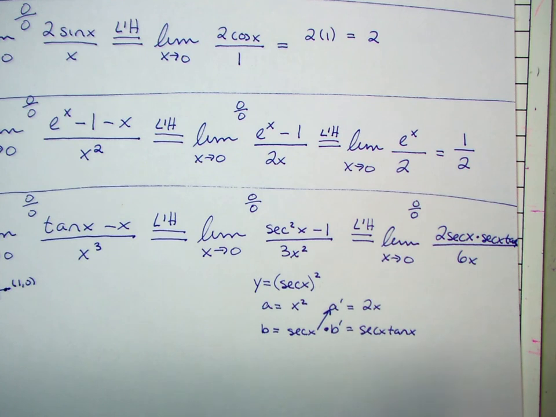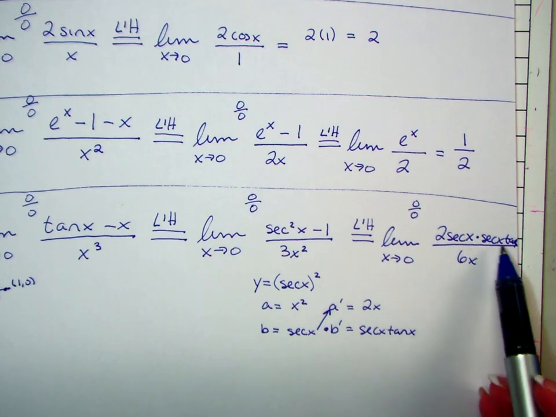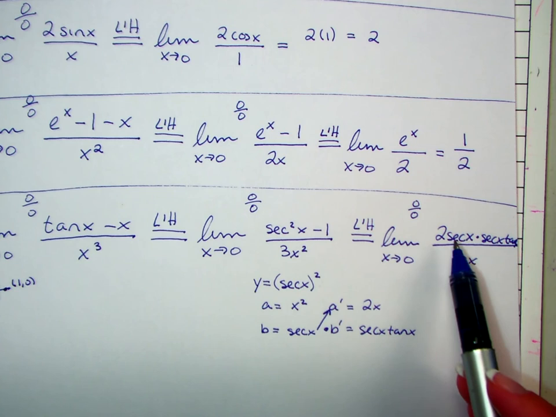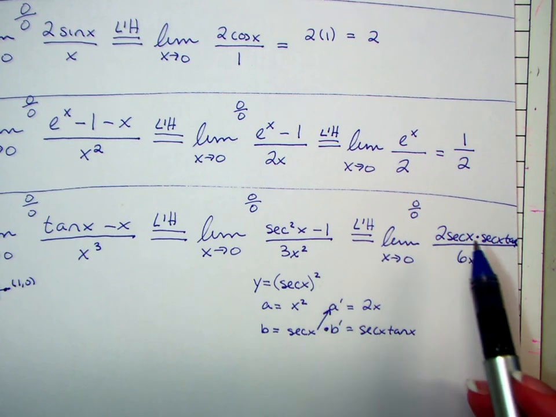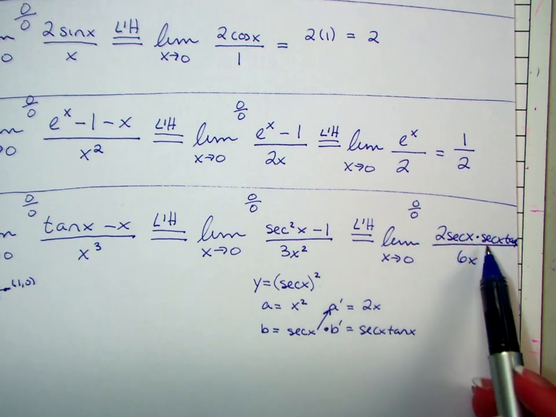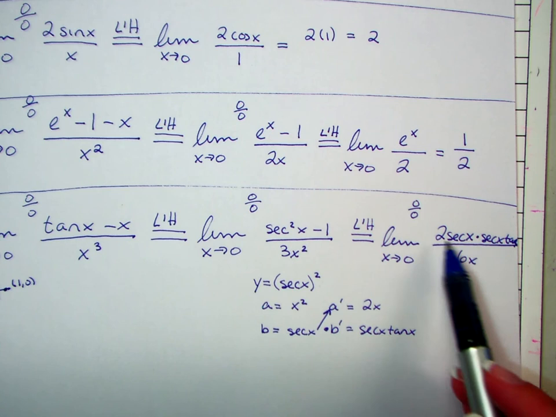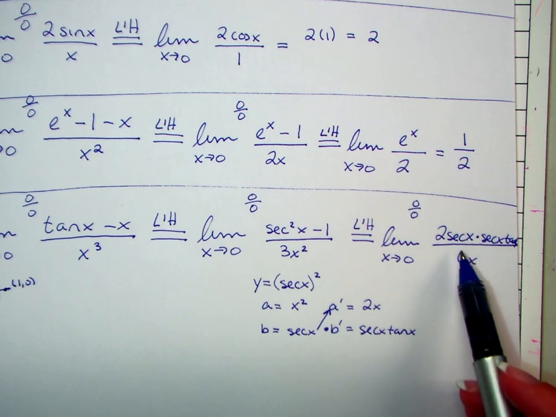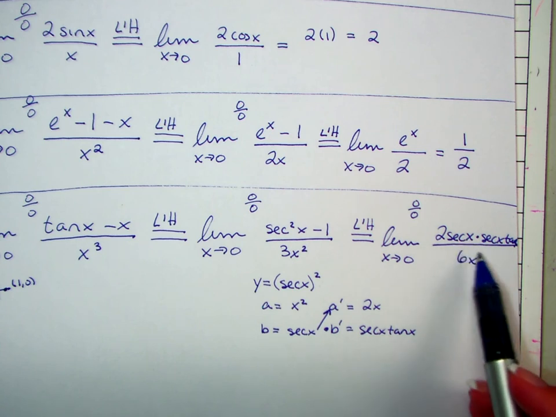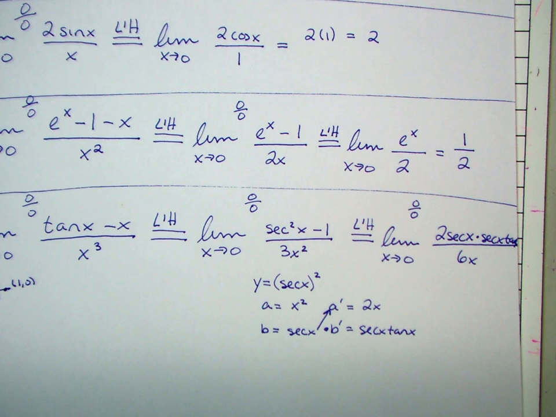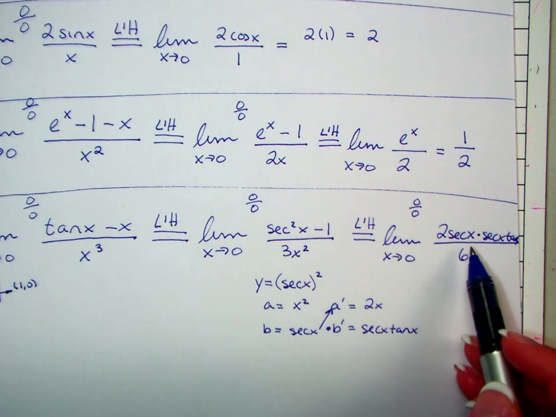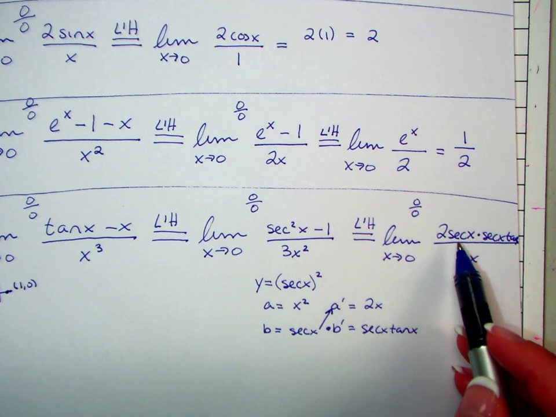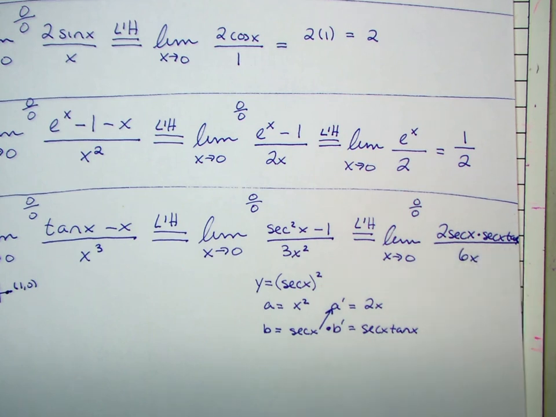Now, I have 3 products, right? A product rule of 3 functions here. So I'm going to opt to not just differentiate this with these 3 functions, which it probably would work, but I'm going to simplify this. I'm going to separate the functions that don't go to 0 from the functions that do, all right?